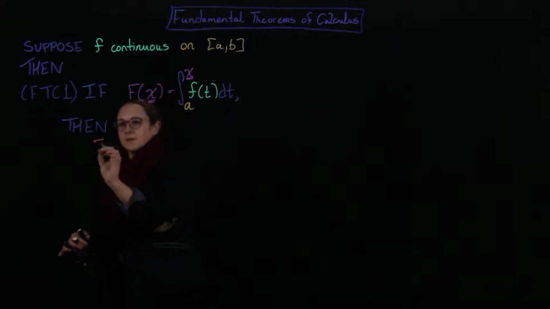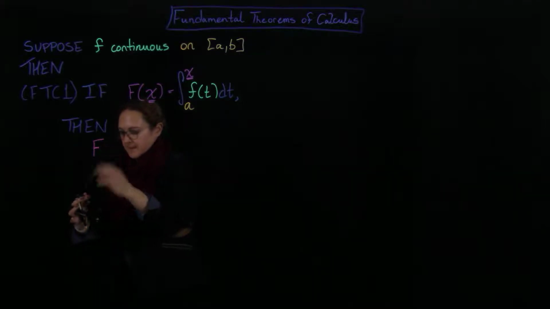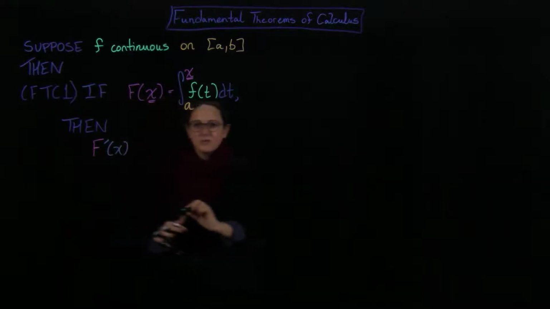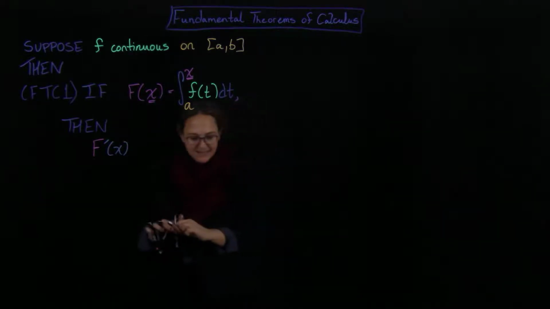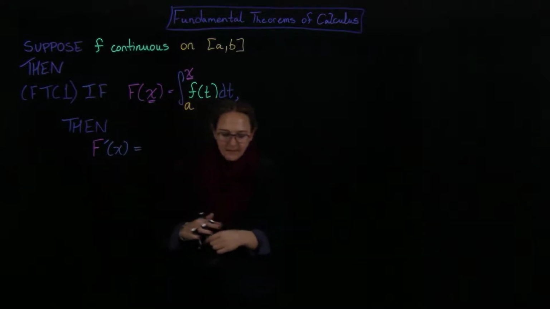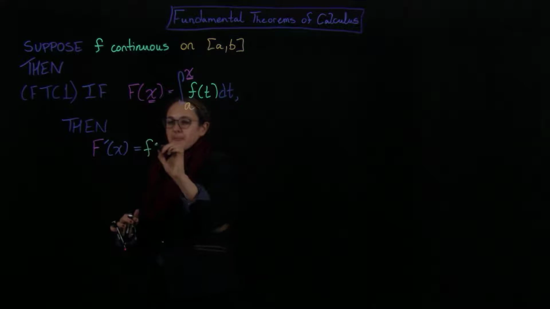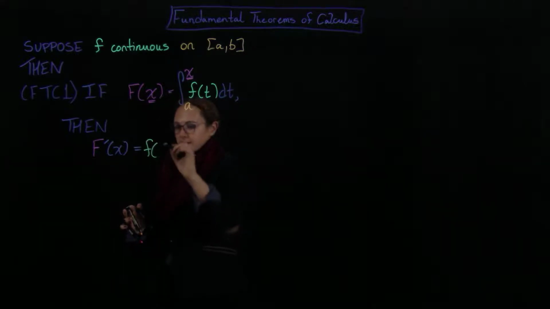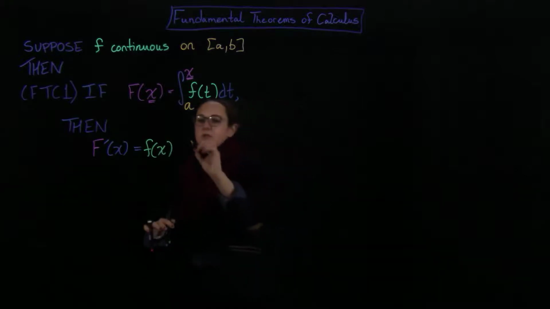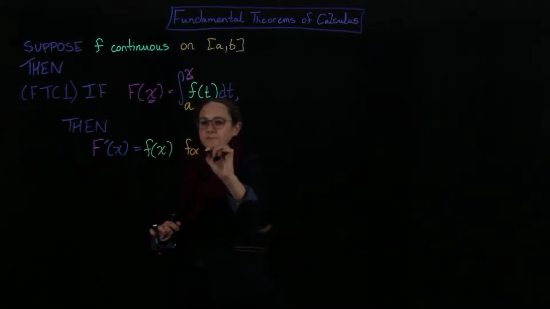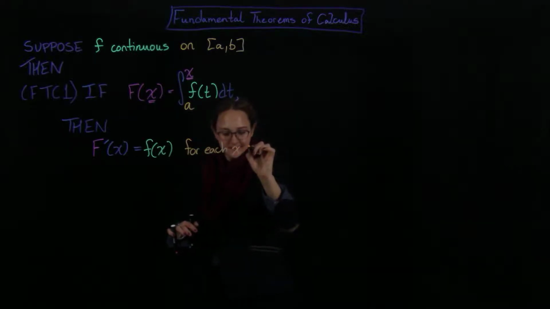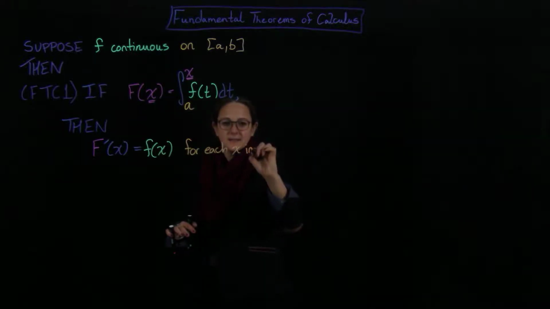So I'm going to do f prime of x. So I'm taking the derivative of this with respect to x. Then this is actually going to equal f of x, and this is going to be true for each x in this interval, so each x in the interval [a, b].